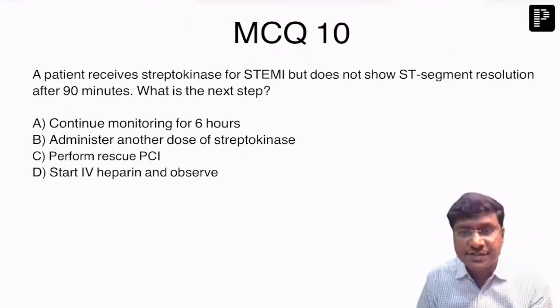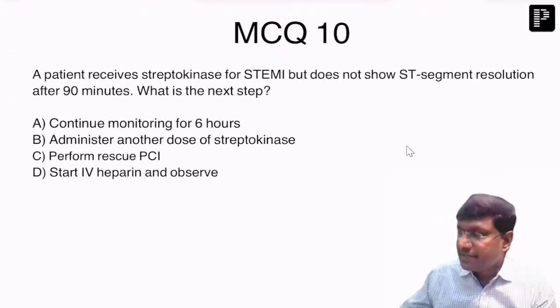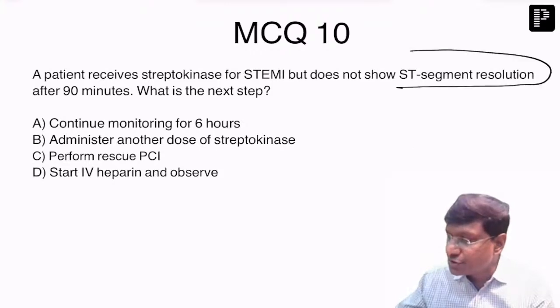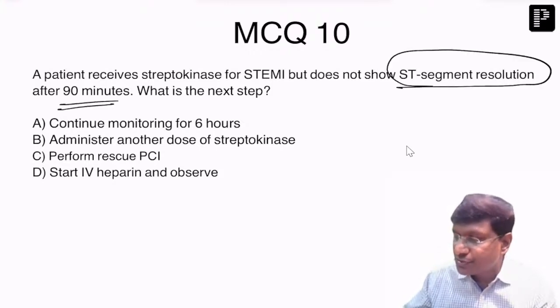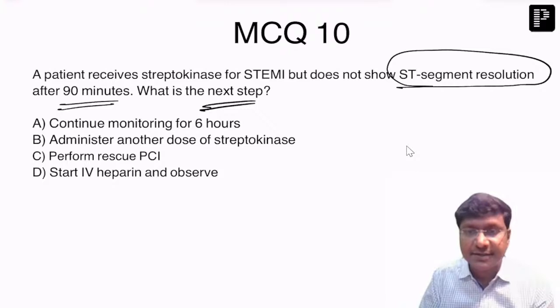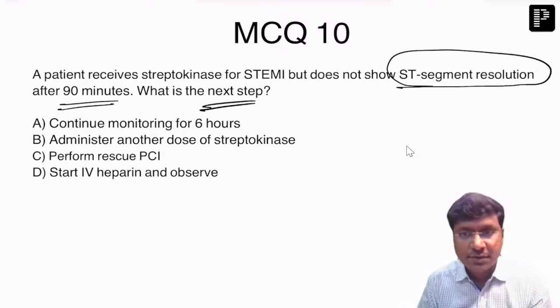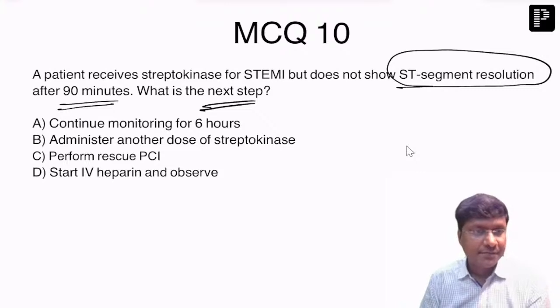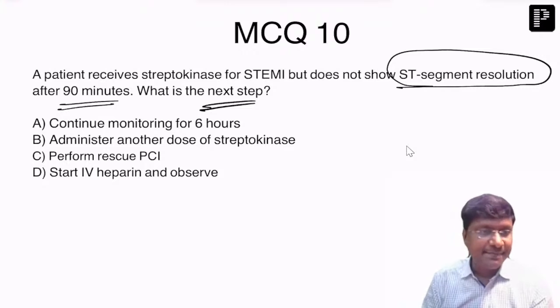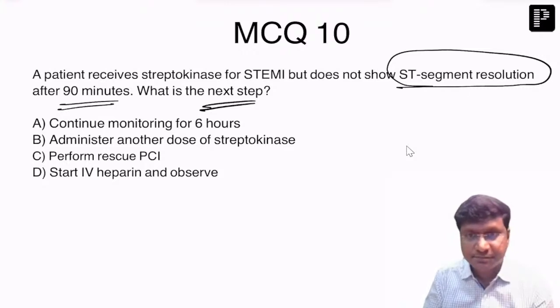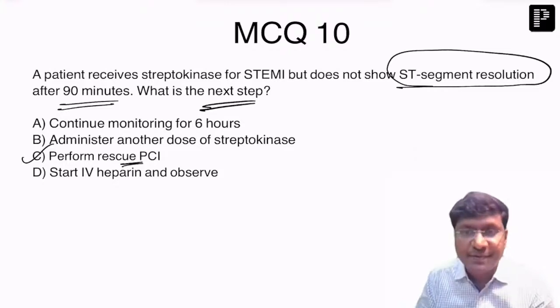A patient receives streptokinase for STEMI but does not show ST segment resolution even after 90 minutes. What is the next step? The next step is you need to perform rescue PCI.